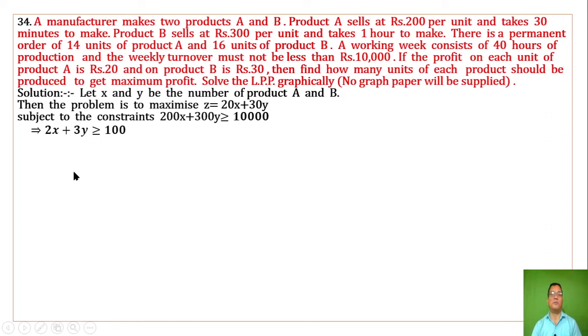Then simplify, and half of x plus y should be less than or equal to 40. Similarly, x greater than or equal to 14, y greater than or equal to 16, and x greater than or equal to 0, y greater than or equal to 0.